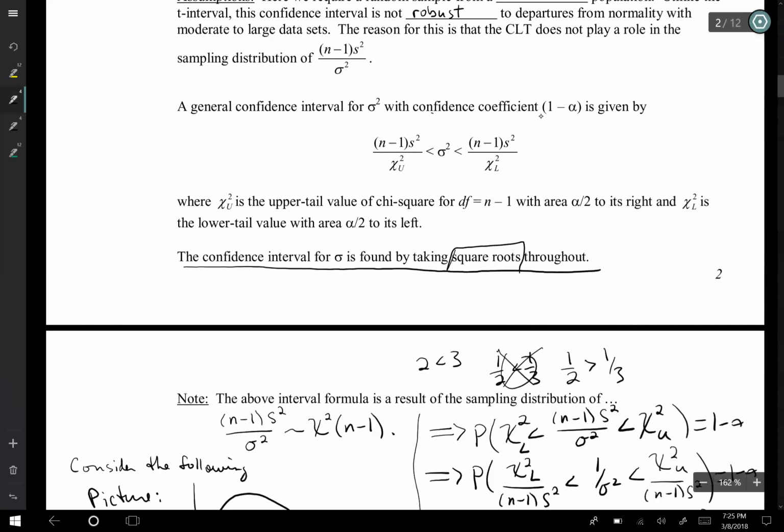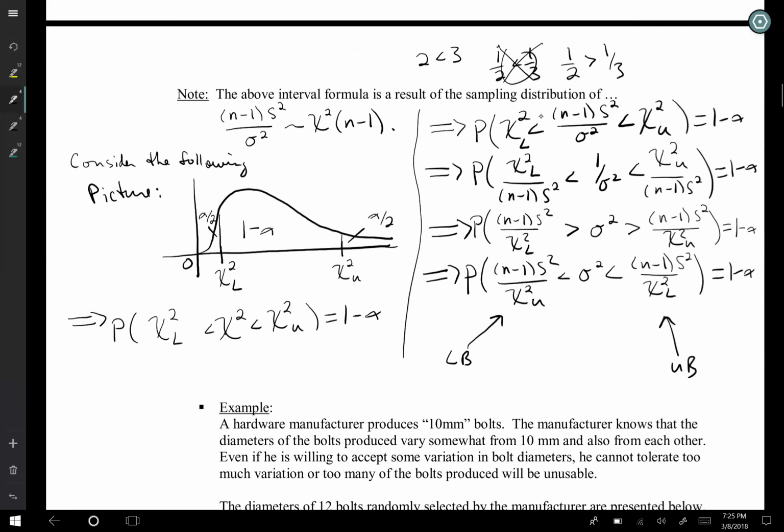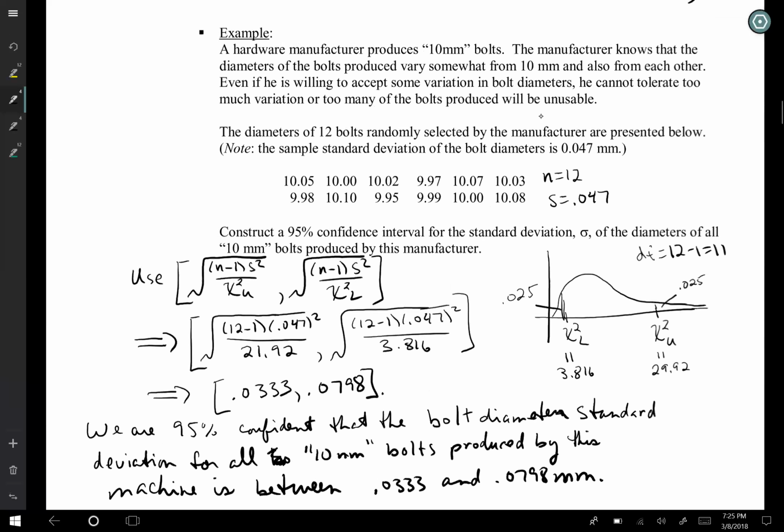And that's actually a consequence of the mathematical derivation of the interval. And that's what I tried to do at the top of this page, page 3.